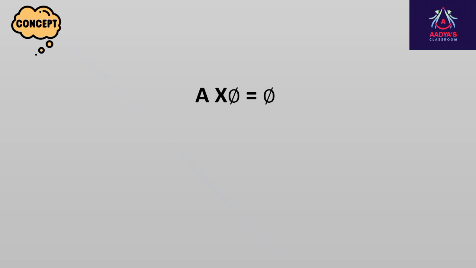Any number multiplied by 0 will give us 0. 2 multiplied with 0 is 0. Any number multiplied with 0 is 0. Similarly, any set cross null set will give us null set. Alright. Example, we'll take set A = {2, 5}. Okay. Now this set A cross null set will give us null set.